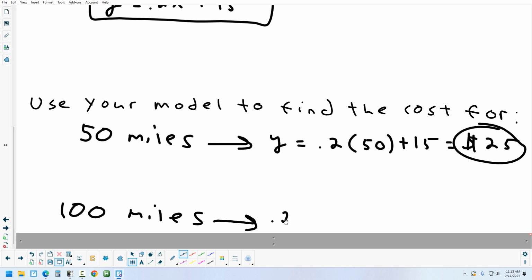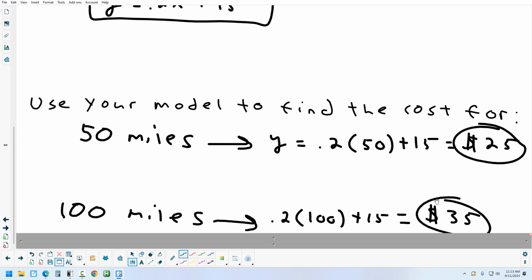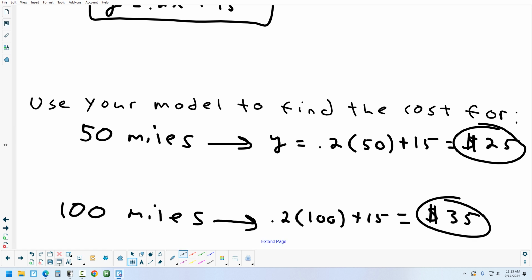So now we're going to do 0.2 times 100 plus 15. What's 0.2 times 100? That's 20. And then plus 15 is going to give me? 35. $35. Any questions on how we got that?